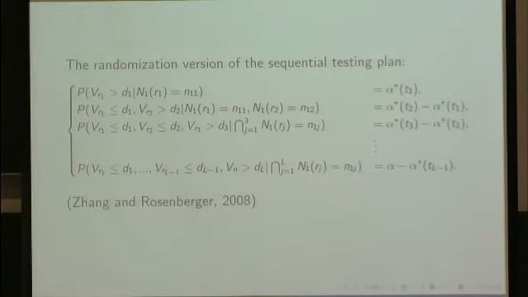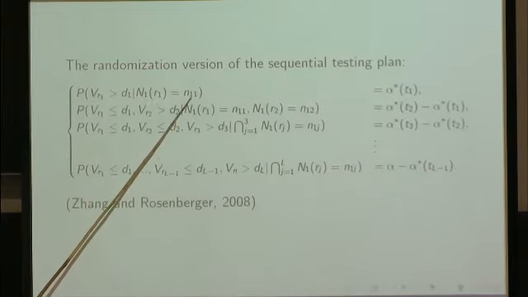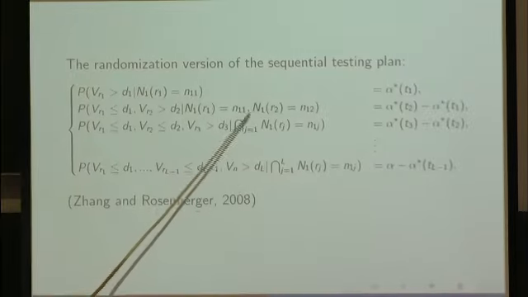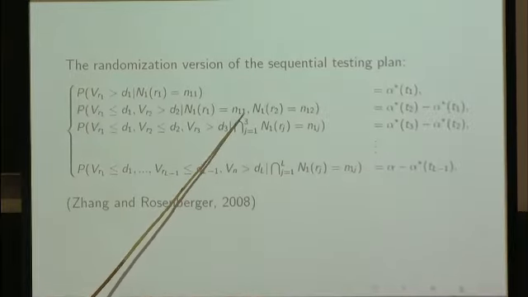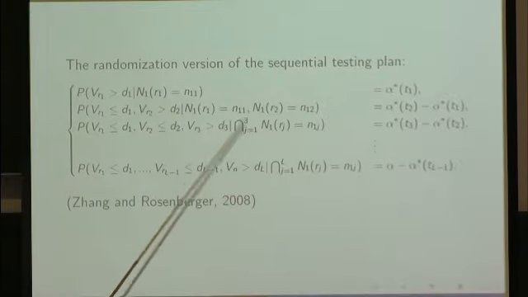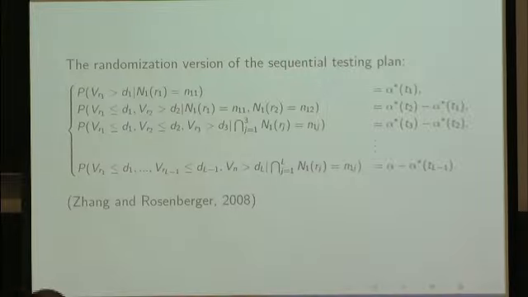So if you have a randomization test now, you're conditioning on the observed number of patients on treatment 1 at each of the interim inspections. The first one is conditioned on N1 of R1 being little n11, the observed number of patients on treatment 1 at the first interim inspection, and then the second one is conditioned on n11 and the observed number of patients at the second inspection, et cetera.